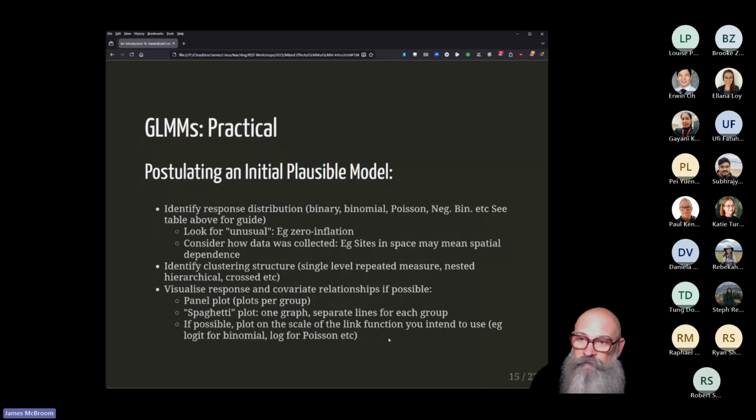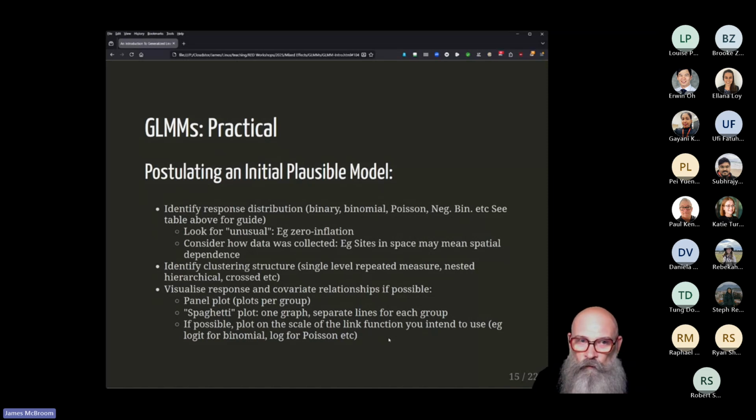And if you can, for GLMMs in particular, or GLMs as well, see if you can plot the response on the scale of the link function instead of on the raw response scale, so that you can actually see whether your explanatory variables have a linear relationship with that.